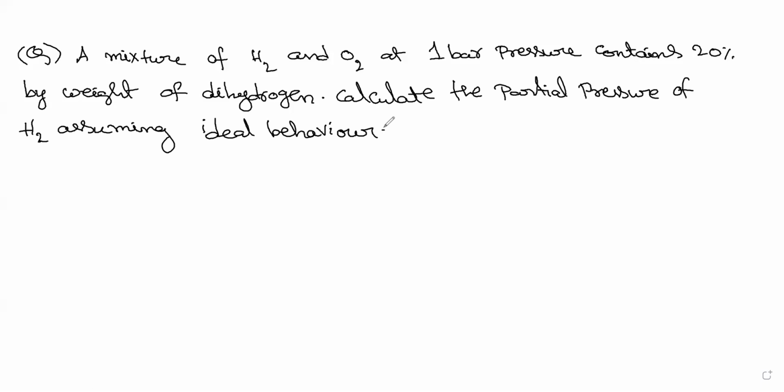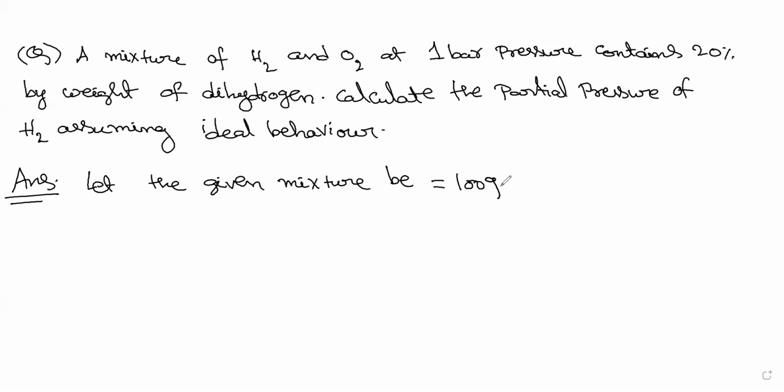Now, what are the things given? See, a mixture of H2 and O2 contains 20% by weight of hydrogen. So to start with the problem, let the given mixture be 100 grams in total.